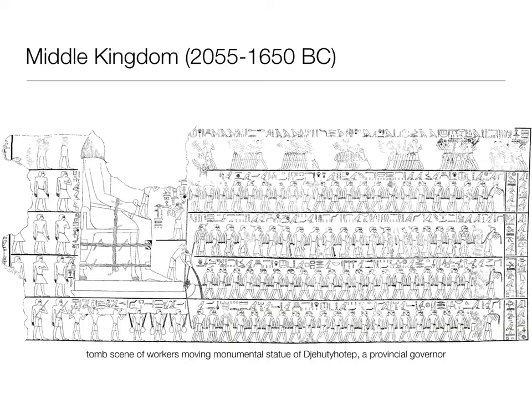Really cool example of this is a provincial governor named Jehuti-Hotep, who in one of his tombs really kind of laid out the process through which some of his statues were built. This is a tomb scene where we get some information. You know, we always kind of like to ask, well, okay, how are the pyramids built, or how are these massive statues built?